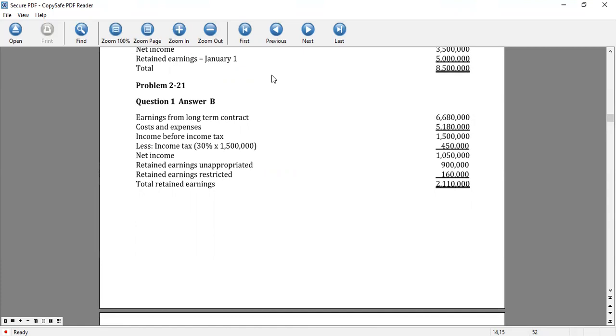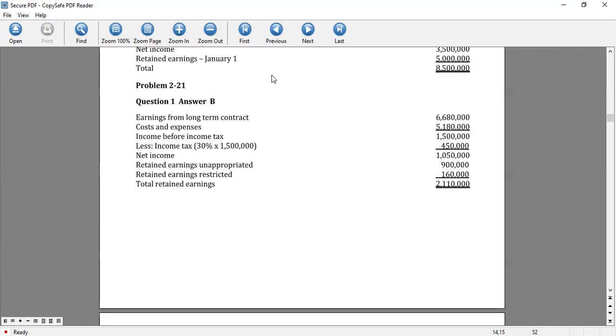So the income before income tax is 1.5 million, we deduct the income tax at 30%, that's 450,000, giving us net income of 1,050,000. We have the retained earnings unappropriated. Then we have the retained earnings unappropriated here of 900,000.